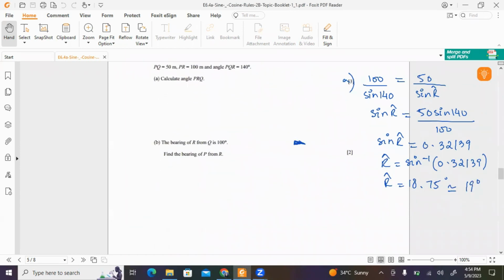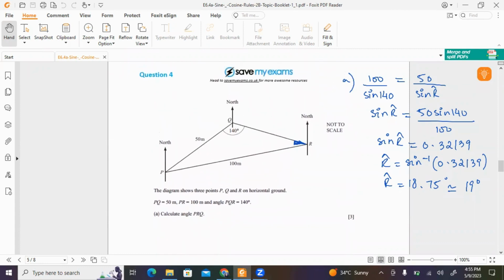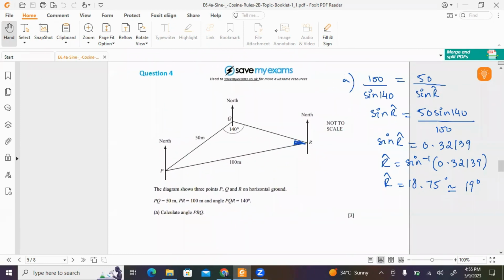Then part B is saying the bearing of R from Q is 100 degrees. Find the bearing of P from R. So R from Q is 100. Draw the compass at Q. R from Q, so this is 100.